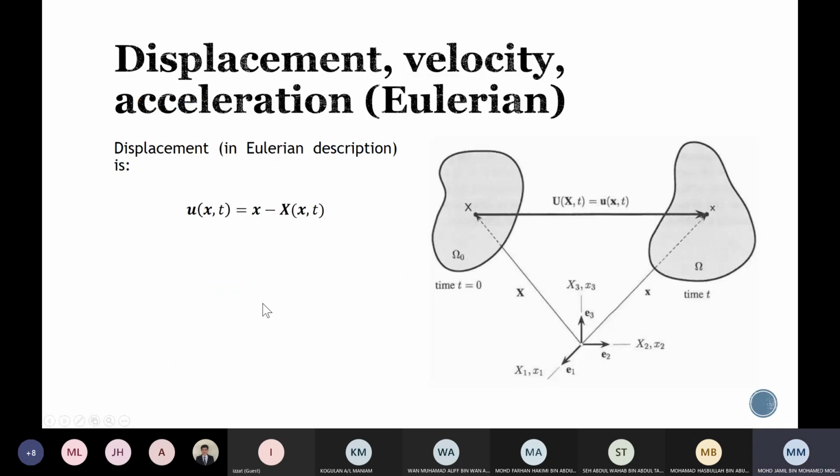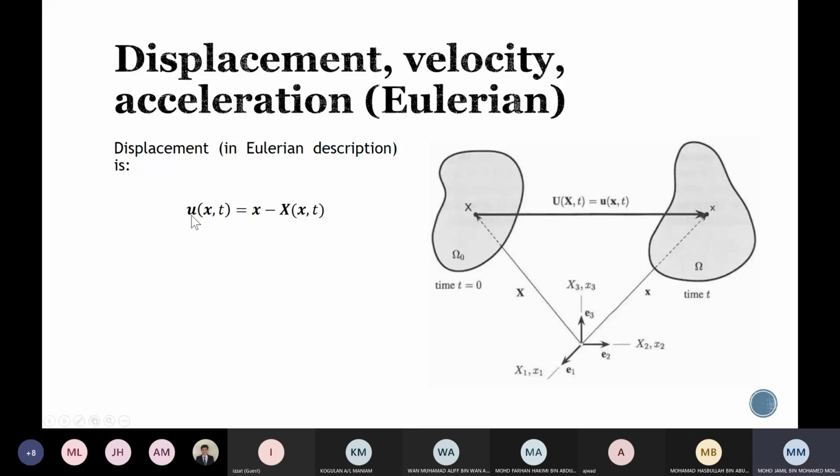So now we want to describe the displacement, velocity, and acceleration in the Eulerian description. Okay, in small letter, small u. Just now from this figure, we know that big U equals small u. But in terms of what? Big U is in terms of big X, but small u is in terms of small x.